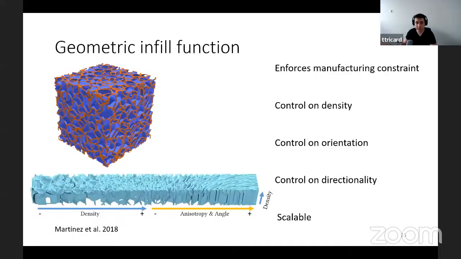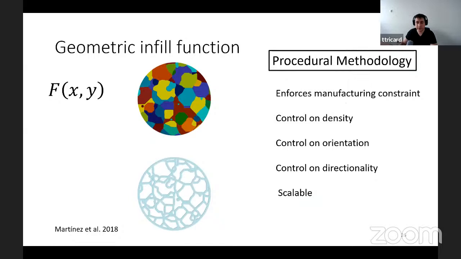Other researchers such as Martínez and colleagues proposed to use a geometric function that lets you control density, orientation, and directionality, right? And they actually achieve that in a very scalable way because they use a procedural methodology as explained by Sylvain earlier, such that they will be able to compute each slice independently.